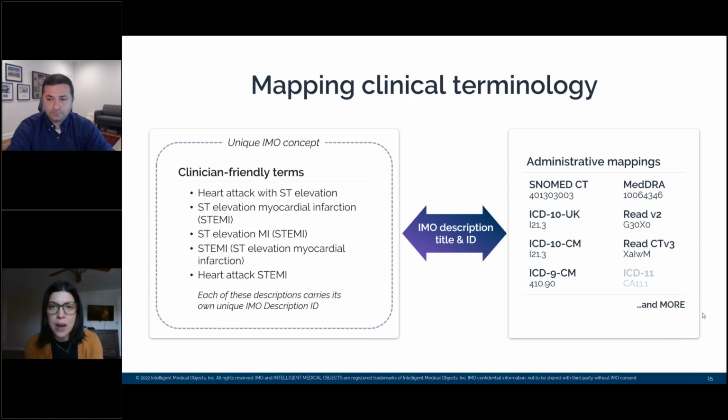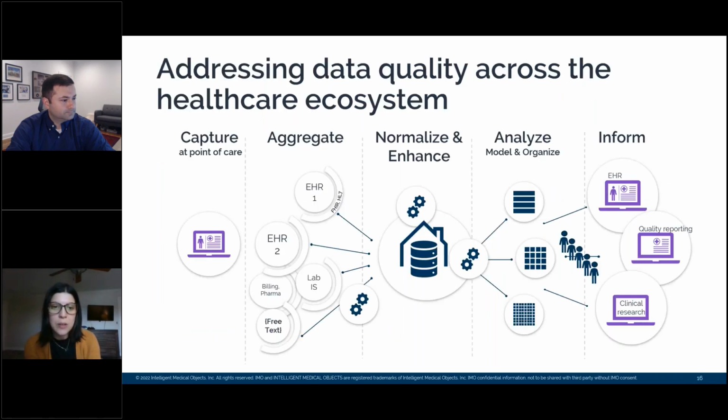Building off of this core competency on the next slide, you can see that IMO has a unique ability to solve for the clinical data quality problem across the healthcare ecosystem. There are so many ways that data can go wrong. Starting at the left side of this graphic, you can see the capturing at the point of care can happen within different systems.